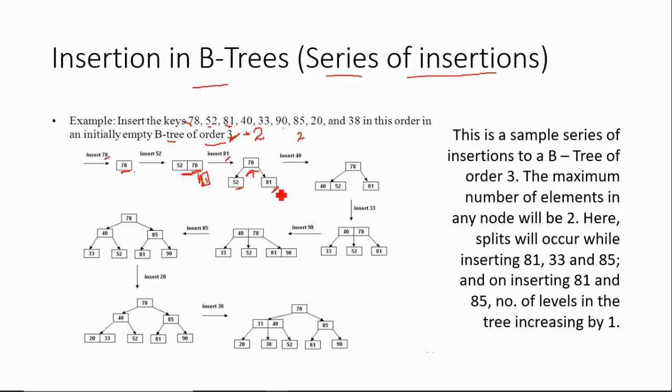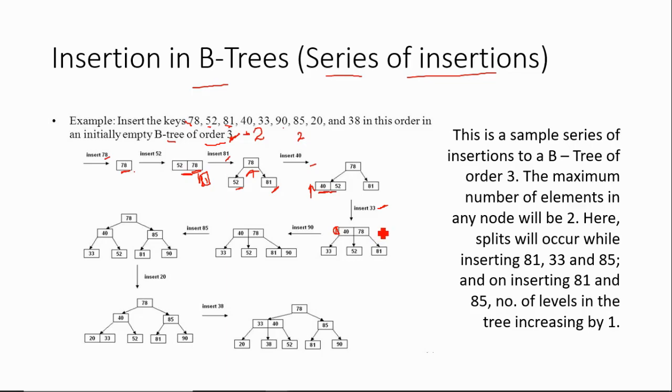That's it. After that, 40 is added, and 40 can be added without any problem because there are 2 elements after insertion. After that, 33. Now 33 was supposed to be added here before 40, but overflow occurs here because there are 3 elements, so another split occurs, and the median element is 40, and 40 becomes the neighbor of 78.